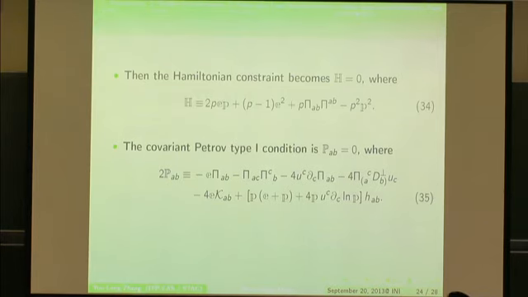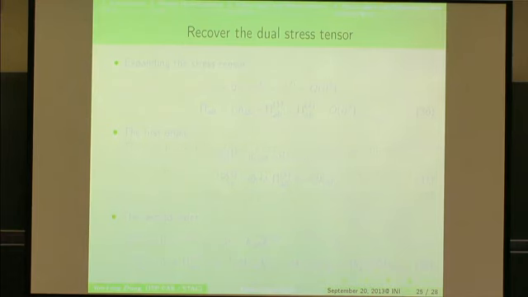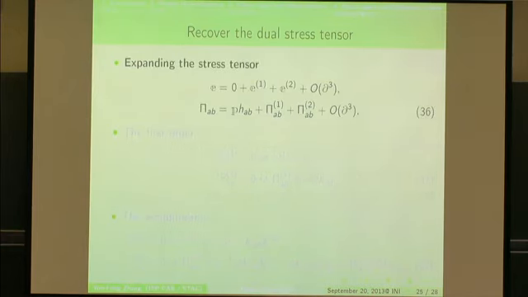This is the starting point of our derivation. Then we expand the arbitrary stress tensor order by order and impose the Hamilton constraint and the Petrov type 1 constraint also order by order.